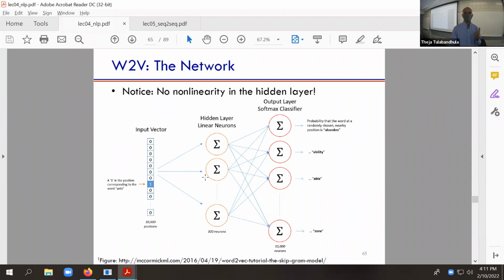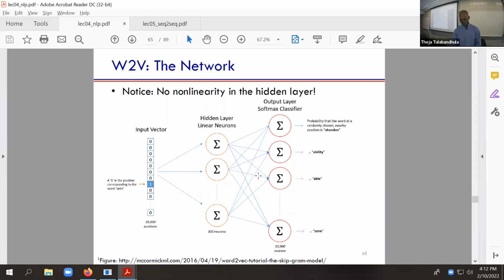You can see that there are only two pairs of weights and biases: the weights going from input to hidden layer, and the weights going from hidden layer to the output. We call the weights going from input to hidden layer the word vector matrix, where each column or each row, depending on how it's interpreted, is just a word vector representation. The remaining part is just classifier related, so we're not worried about it. Is it clear?